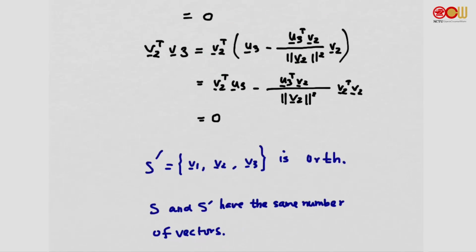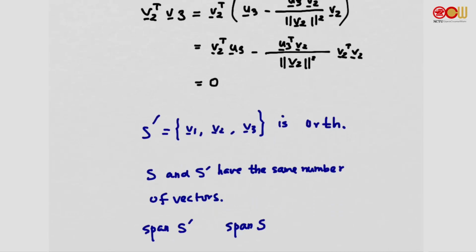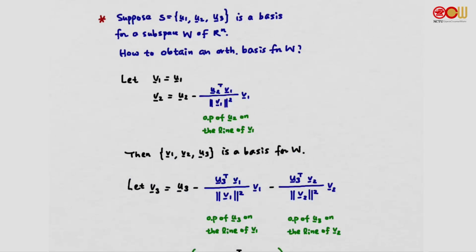Now S and S prime have the same number of vectors, and they are both linearly independent. And so now if span S prime is contained in span S, if this is true, then we are done. Then we can show that S prime is indeed a basis for span S. Is this true? That's true. Why?